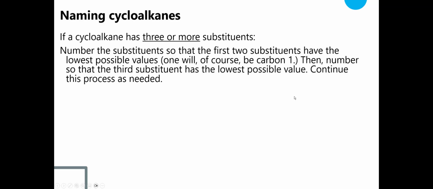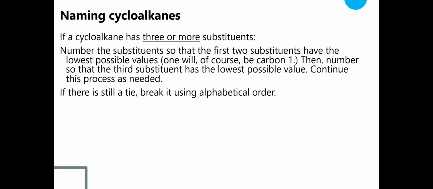And then you want to proceed numbering in that same direction so that the third substituent gets the lowest possible value. And if there were a tie, you would continue on so that the fourth substituent had the lowest possible number. If there is a tie, and that's fairly rare, we break it using alphabetical order. And then we end the name with the parent hydrocarbon, the cycloalkane.